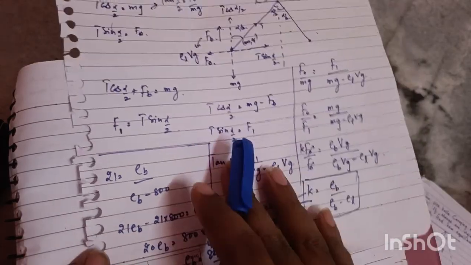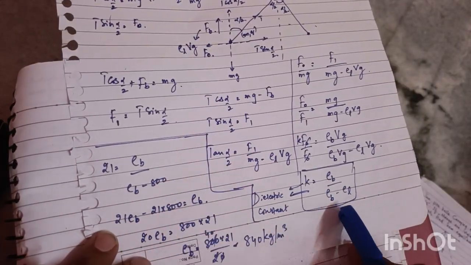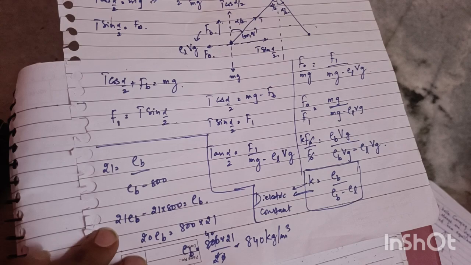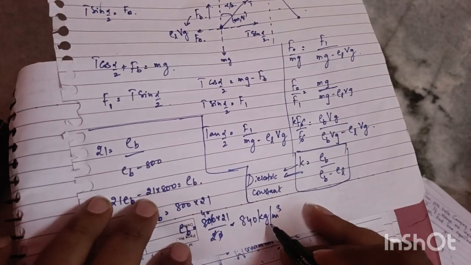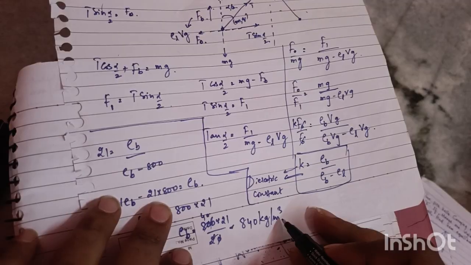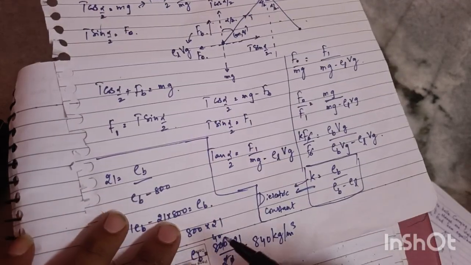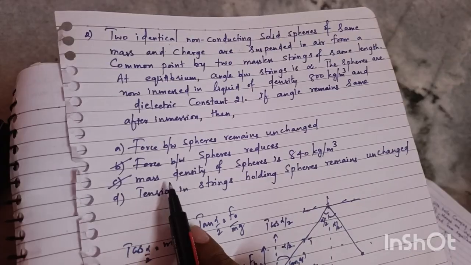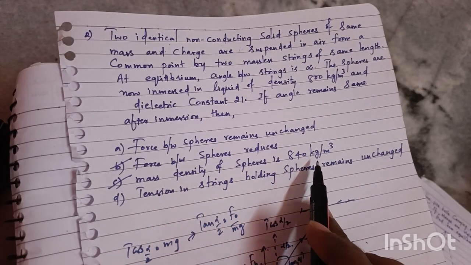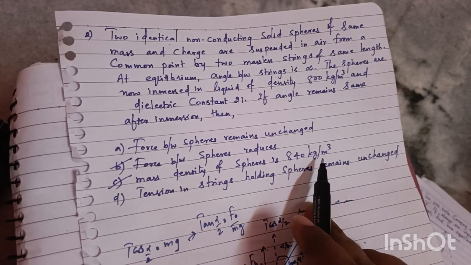From here I've written this one, and if we compute that we'll get rho b, that is density of the body, as 840 kilogram per meter cube. Everything is in SI, so as it is I substituted. So we got this option, mass density of the spheres is 840 kilogram per meter cube.